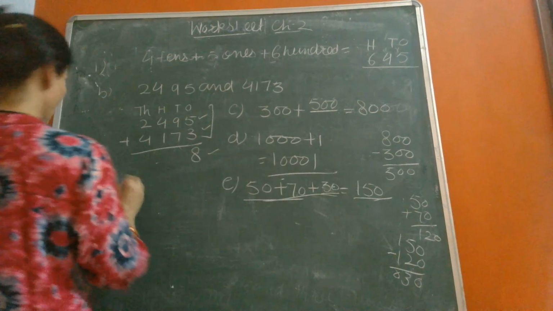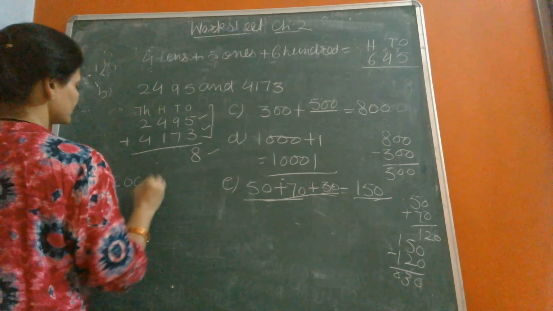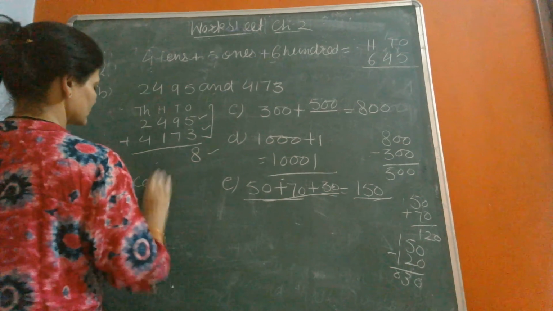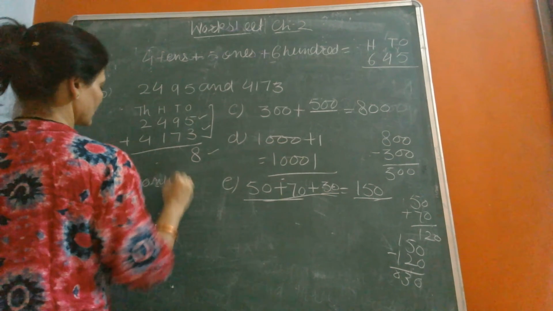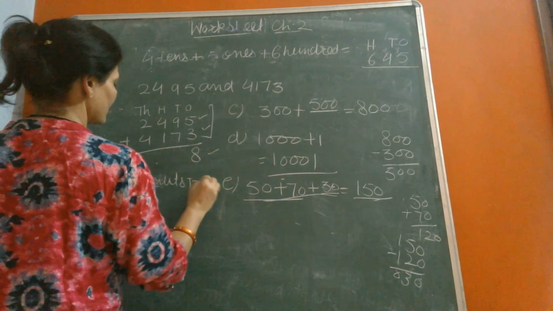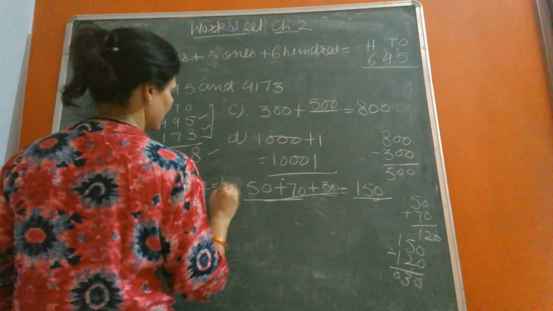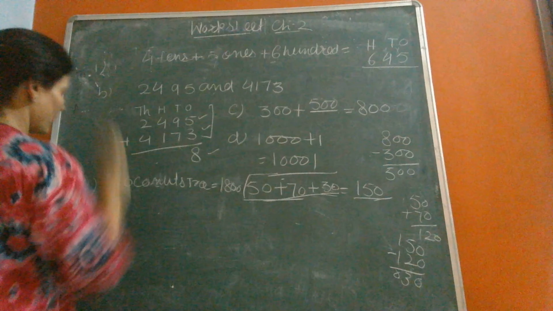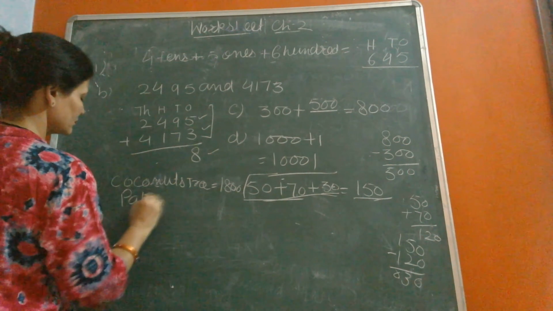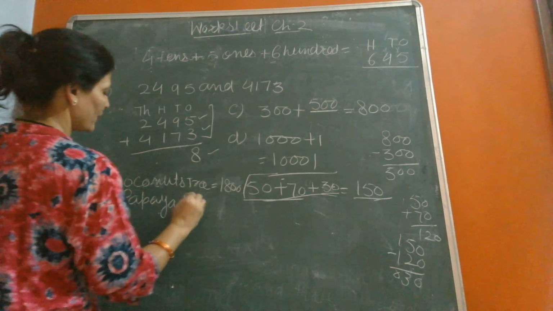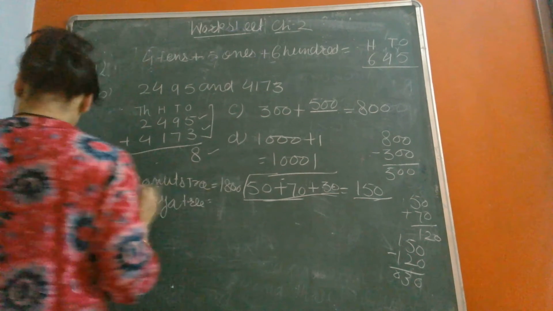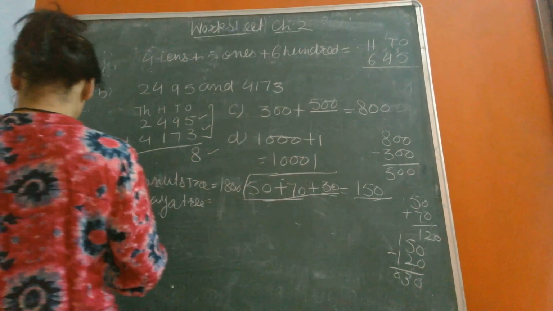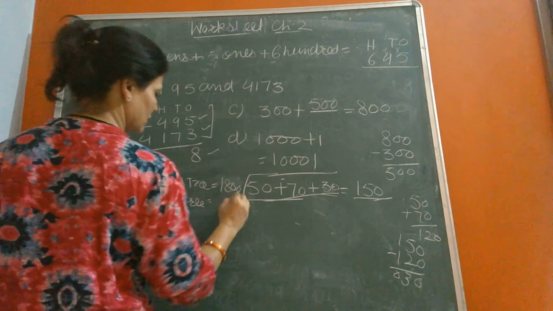So coconut trees are 1800. Papaya trees are 400.